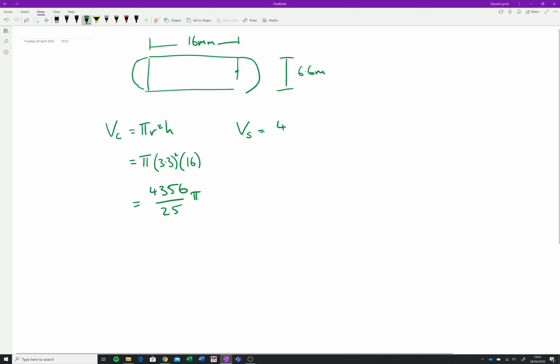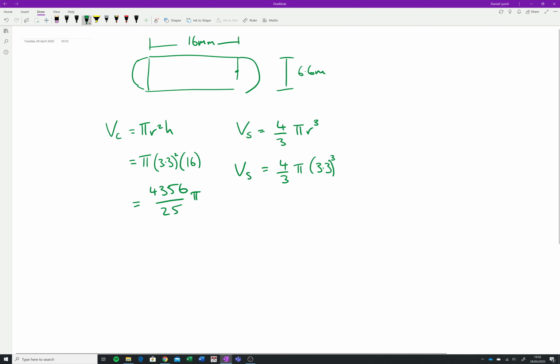Now for a sphere, it's 4/3 pi r cubed. Why is it a sphere? Because there's two hemispheres off the end, so two hemispheres is obviously one sphere. So it's 4/3 times pi times r cubed, I think. You can rewind and check if I really did. Sorry, it's not 3 cubed, but 3.3 cubed.